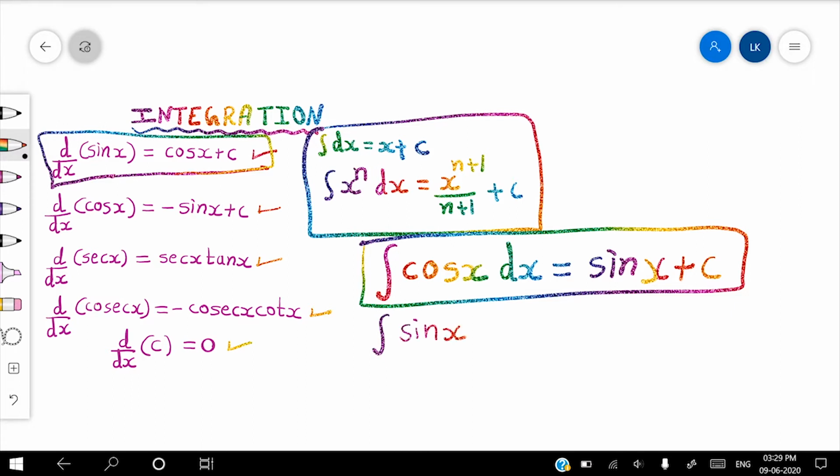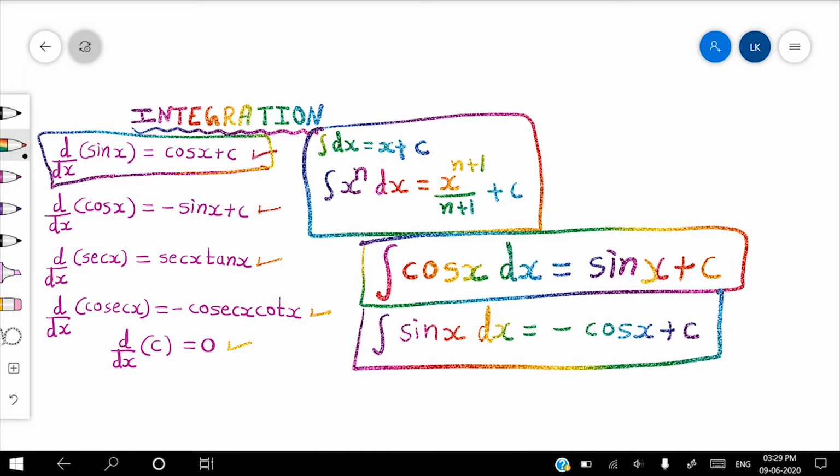Similarly, another formula, integration of sin x dx. Its formula is minus cos x plus c. How to remember this formula? With the sign. In the answer of integration, whenever the first letter is c, c means either cos or cosec or cot, then in the answer of integration there is always a minus sign.